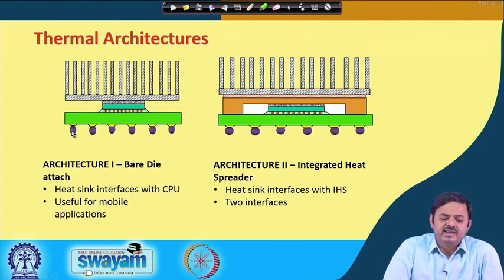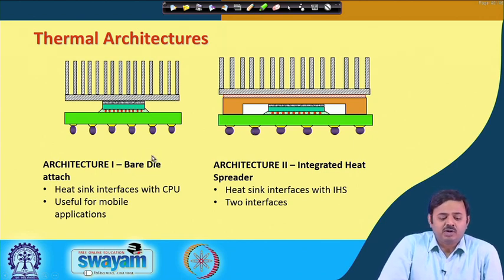The substrate in turn will have a ball grid array, and it will be attached to the motherboard using this ball grid array. So, it is flip chip bonded with BGA from the silicon to the substrate, and again from the substrate to the motherboard, which is not shown here.